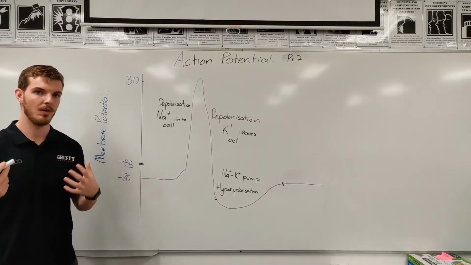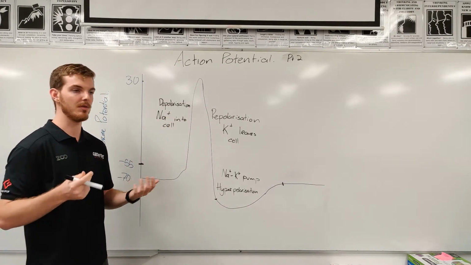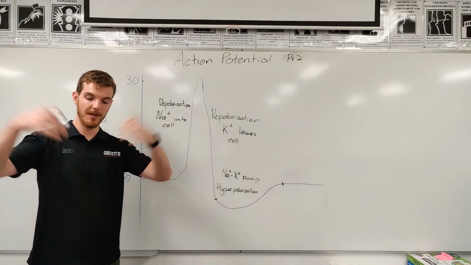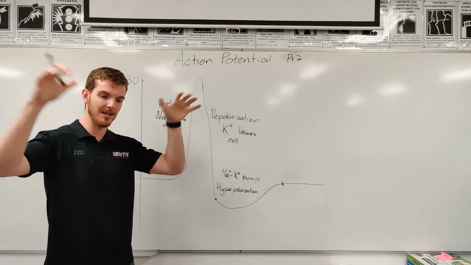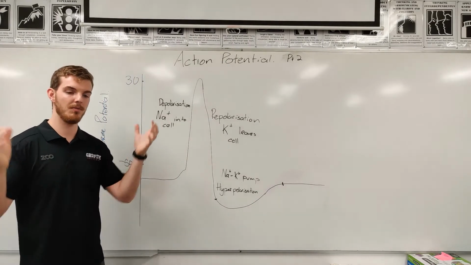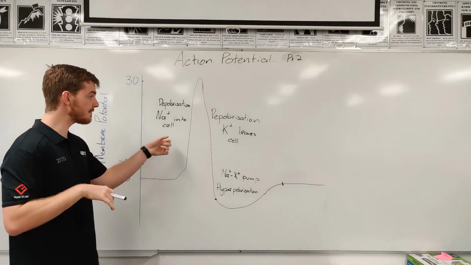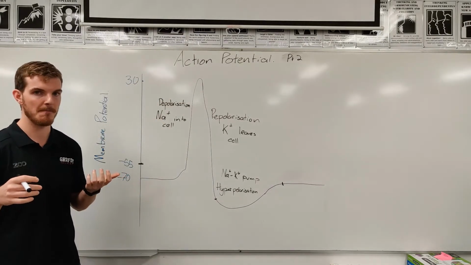Once the sodium gates have opened, that's called depolarization. So essentially, the sodium floods into the cell from the outside because it wants to reach equilibrium, which means a heap of sodium goes in, and the potential rises to around +30 millivolts.